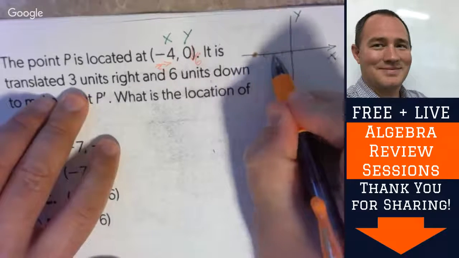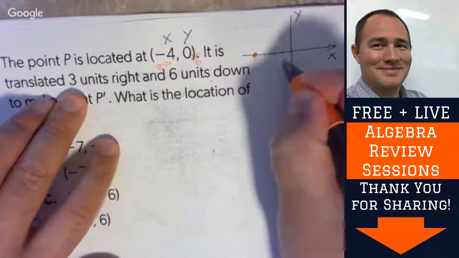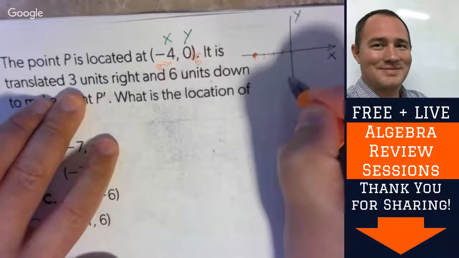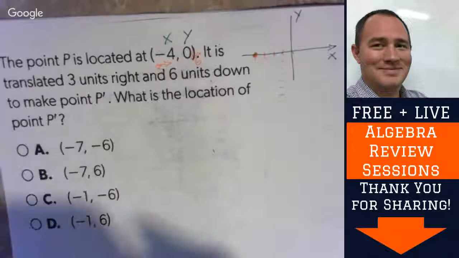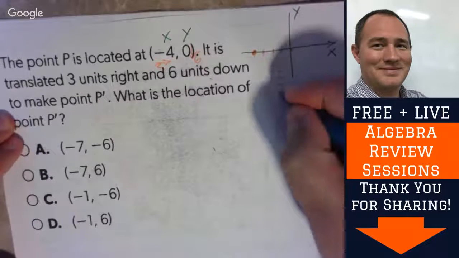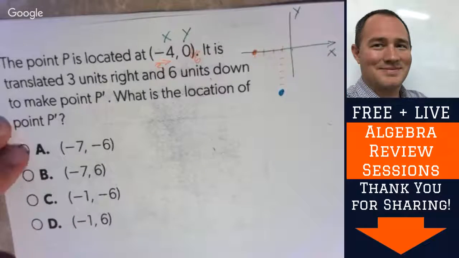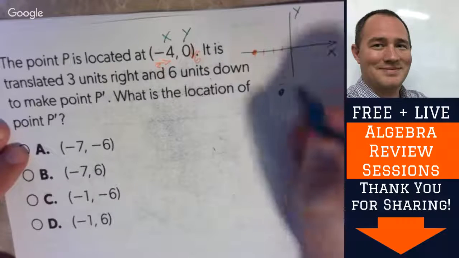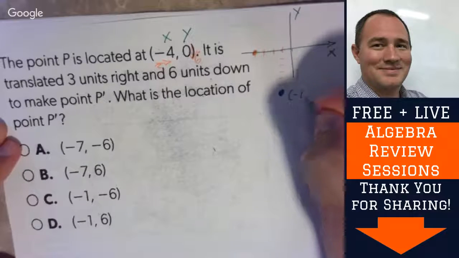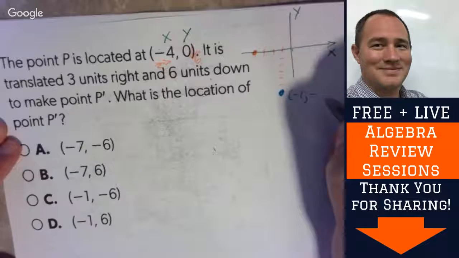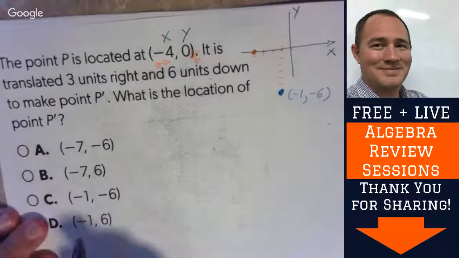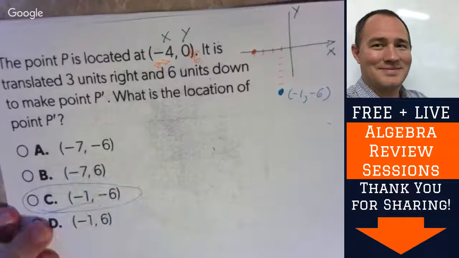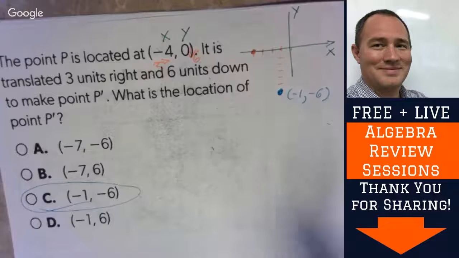So we go right 1, 2, 3, and then down 6 units: 1, 2, 3, 4, 5, 6. We'll do that in a different color here. So the new point would be left of the origin 1, so it'd be -1, and down 6 units, so -6. Okay, so we would have, looks like C, at the point (-1, -6).